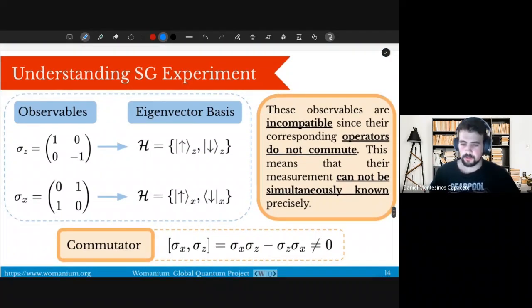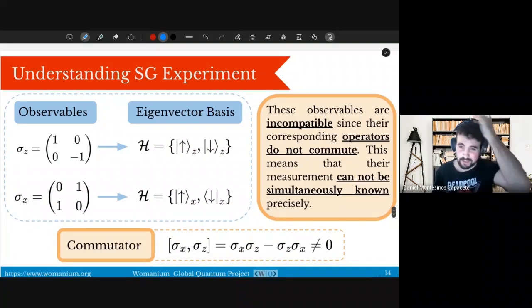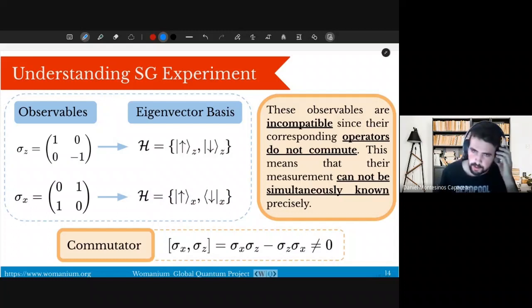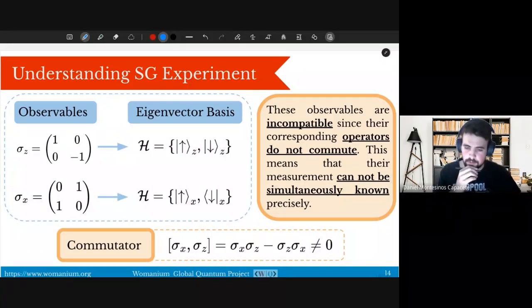Very well. So now let's try to understand a little better the experiment we have seen before. In order to do that properly, I have just defined a few things. Remember these Pauli matrices whose eigenvectors we found before in the example with matrix diagonalization.